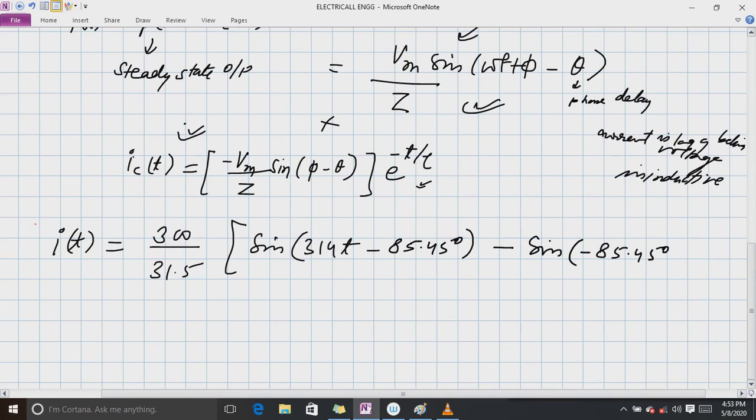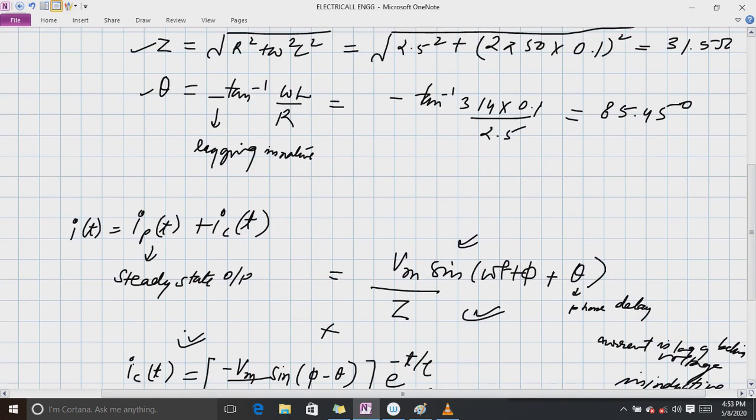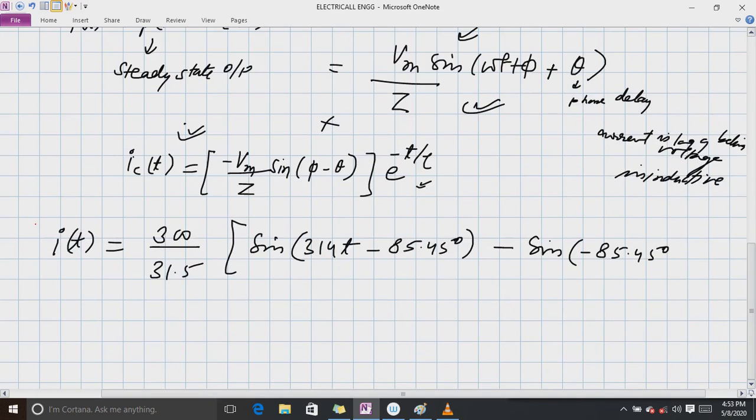Actually we should not write minus here, we should write plus theta only. This minus will automatically come from here. So in the equation you write plus theta only, minus will automatically come, and theta will also come as minus, and then you close the bracket. And one thing you forgot.